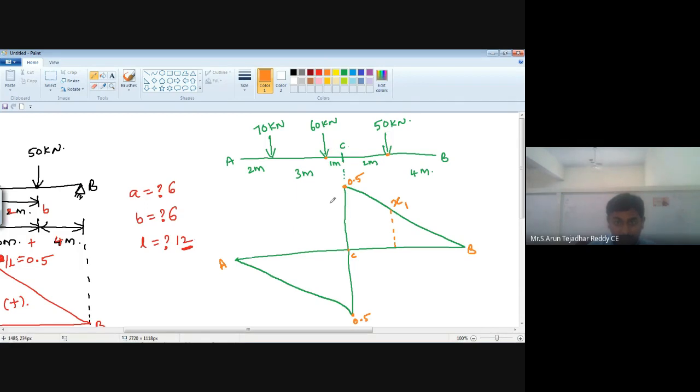So in this place calculate ordinate value, that is x2. Next, the other load is acting at this point, so below that load mark one point here, it is x3. That's it, we don't have any other load.